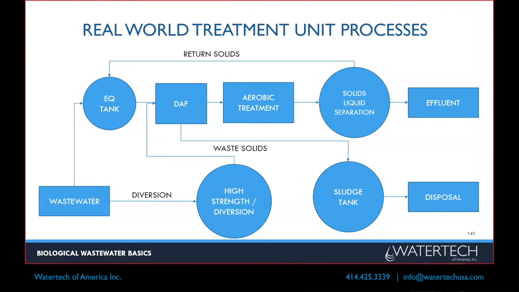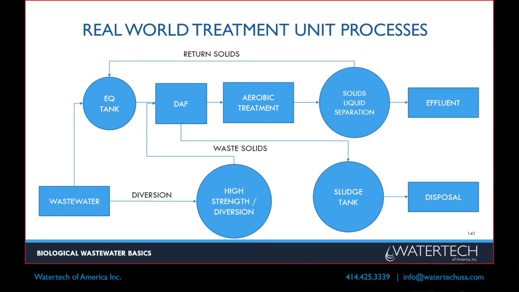So here's where things start to get a little weird sometimes, is different companies and different customers decide, hey, I need to do different things, and have different ideas about how you do it. This is actually a customer of ours where, similar things, water comes into an EQ tank, but their return solids go back to the EQ tank. So they're actually doing some biological treatment in their EQ tank. Then they do some separation of fats, oils, and grease from the DAF before they send it to their aerobic.